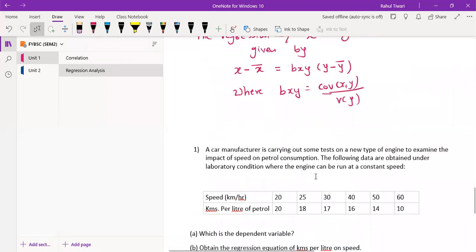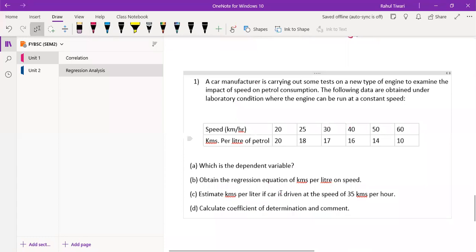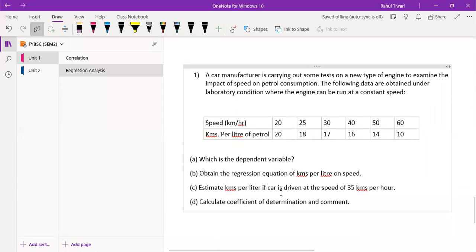Now let's look at this example. When you talk about the application of regression, there is a huge amount of application in surveys and in the field of statistics.